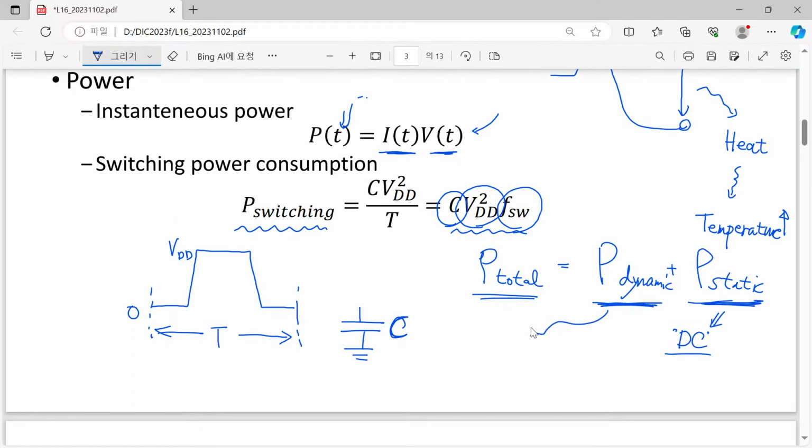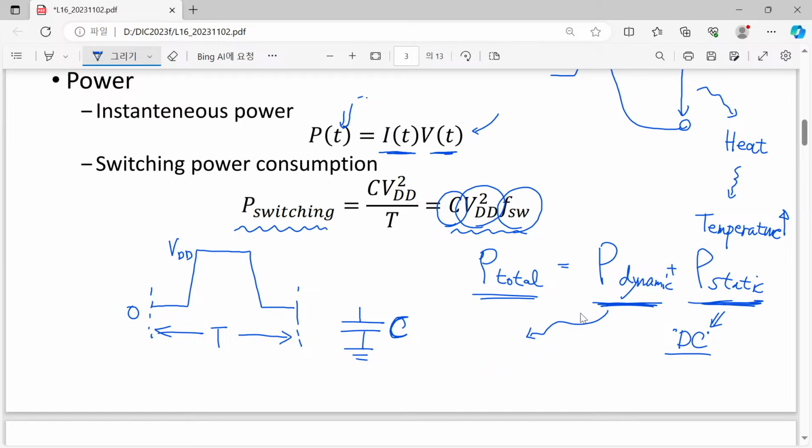And dynamic power consumption means that we just change our signal in real application, and in order to operate that system, we need a certain time varying consumption or power consumption.